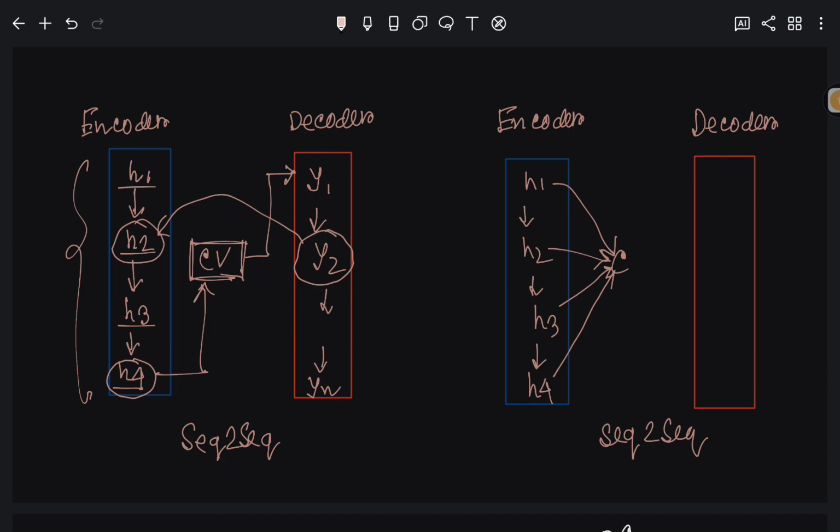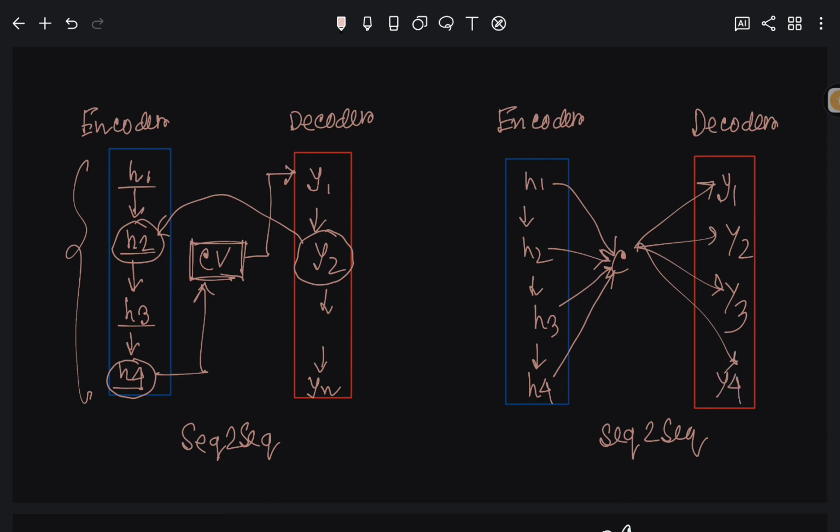With that we generate the context vector, and using it we start generating the first token and the corresponding other tokens, like y1, y2, y3 and y4.